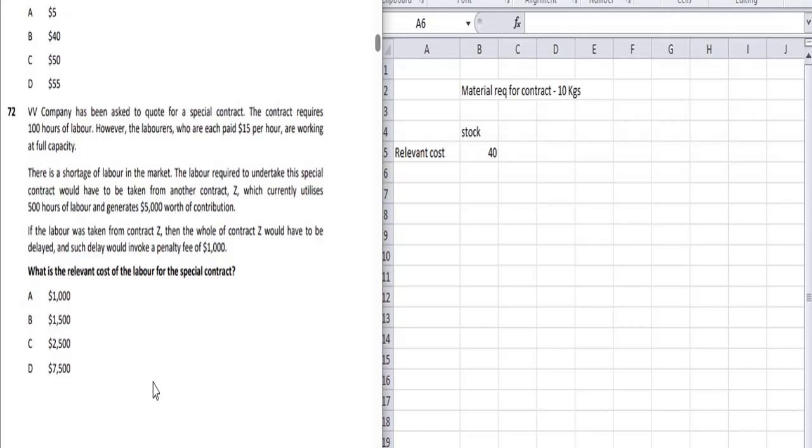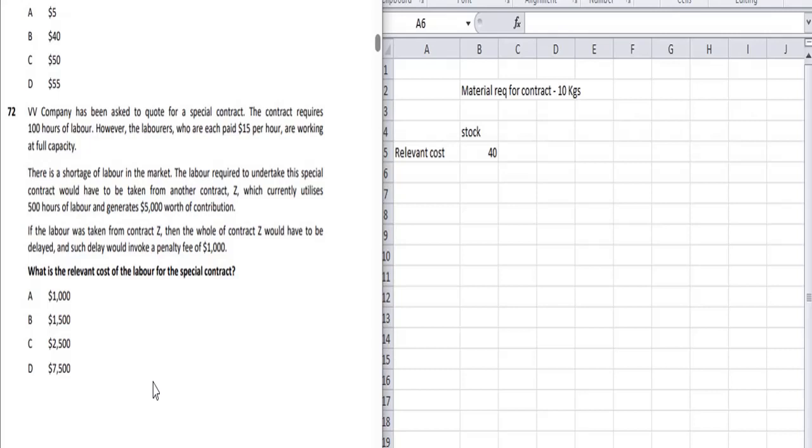If we can hire more labor, the relevant cost will be the extra cost of the labor. But if we can't hire labor, our relevant cost will be the labor cost which we are paying, or extra labor cost, plus the contribution which we lose if we bring the labor from the existing work into the new contract.